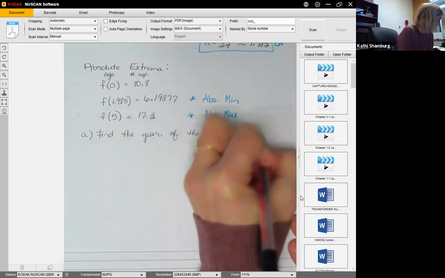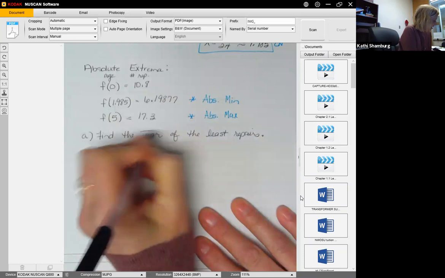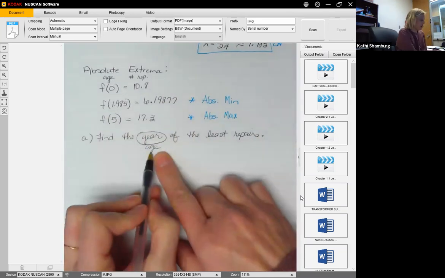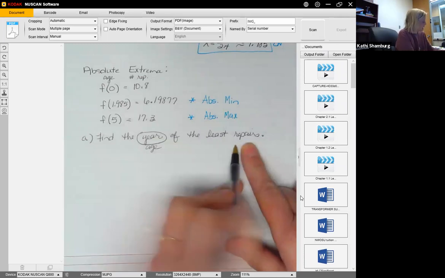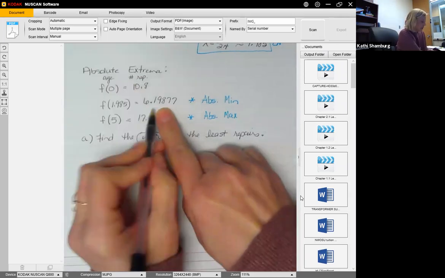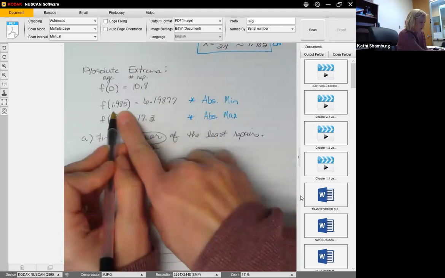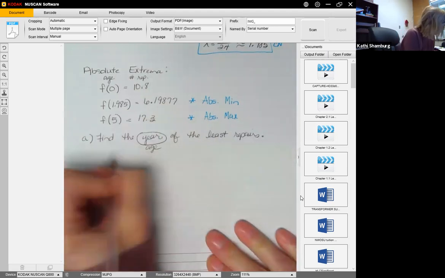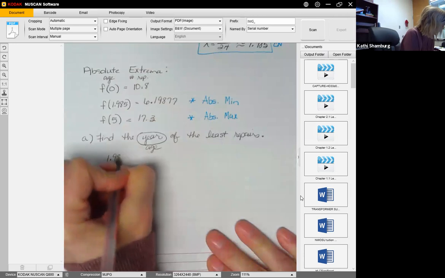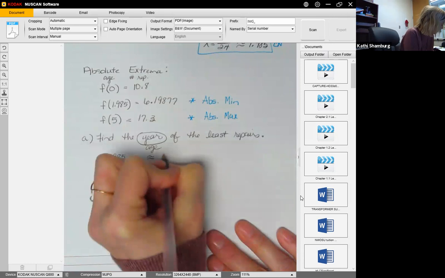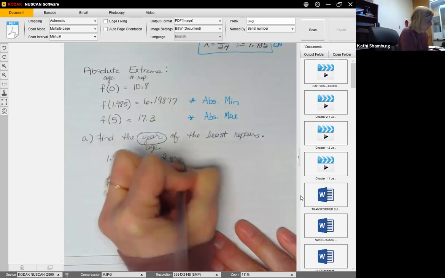Now, repairs is output. Find the year. This is your age. So what was the age of the copier for the least repairs? Least repairs is 6.19877. So the number of years would be 1.985 years. Of course, it could be approximately 2 years.